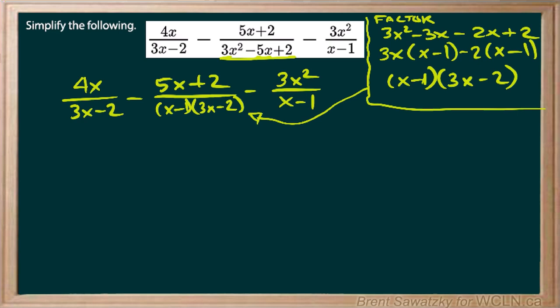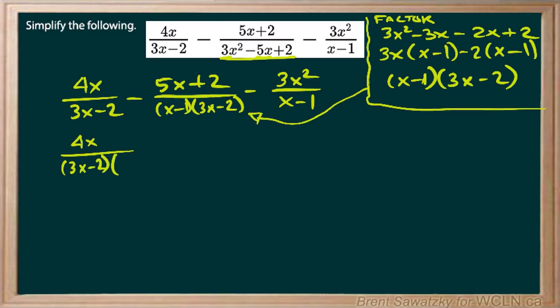So when we look at it, we have to stop and think, what would be our common denominator that would allow us to bring these together? Well, x minus 1 times 3x minus 2 would involve everything that's shown in the denominators here. So let's go ahead with that. So for the first one, we have 3x minus 2.